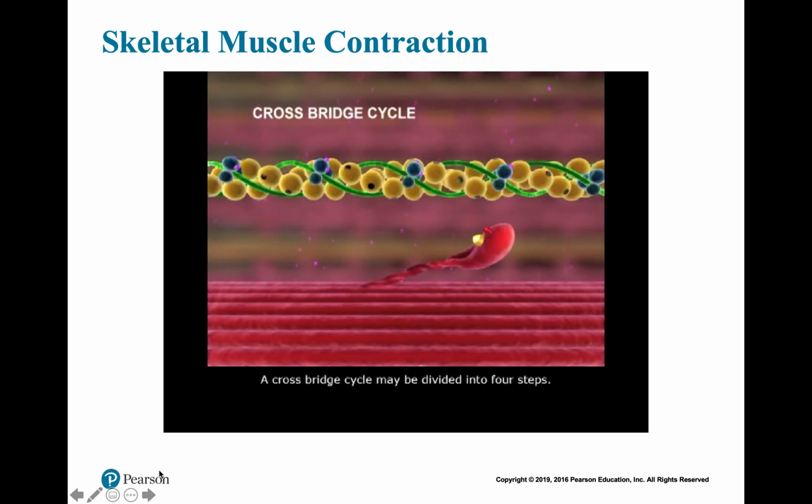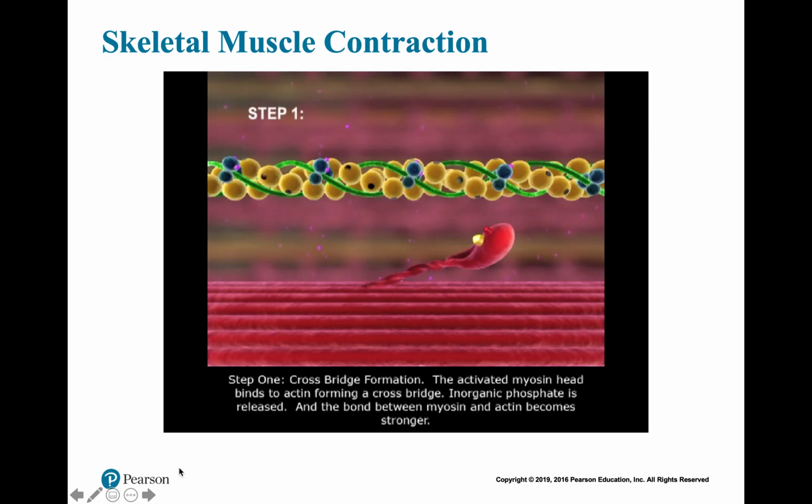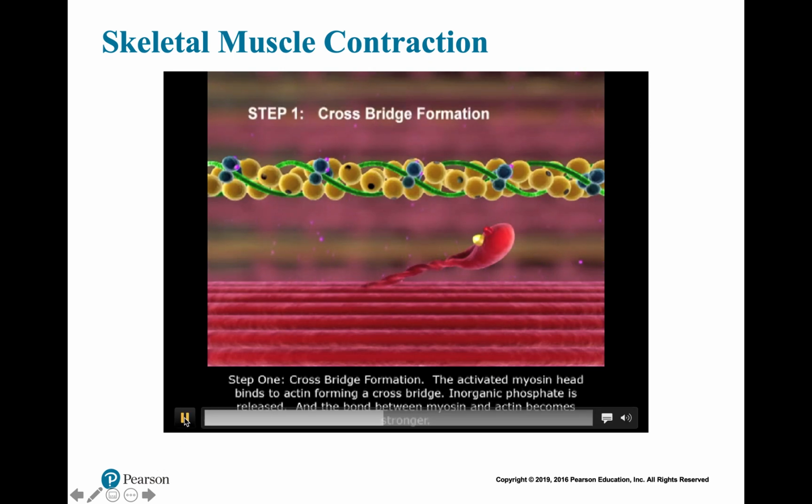A cross-bridge cycle may be divided into 4 steps. Step 1. Cross-bridge formation. The activated myosin head binds to actin, forming a cross bridge. So what's already happened here is ATP has bound to the myosin head.